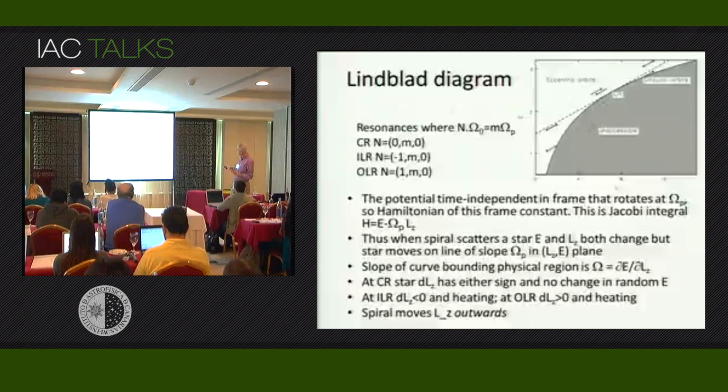And stars on non-circular orbits have more energy than the minimum energy for that angular momentum. So the circular orbit is the orbit with the least energy for a given angular momentum. And as I go up here, I'm considering more and more eccentric orbits.